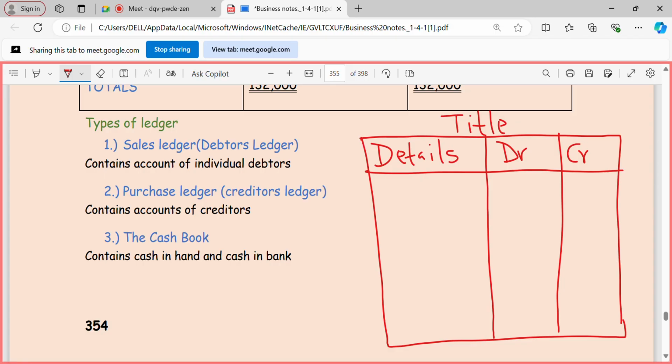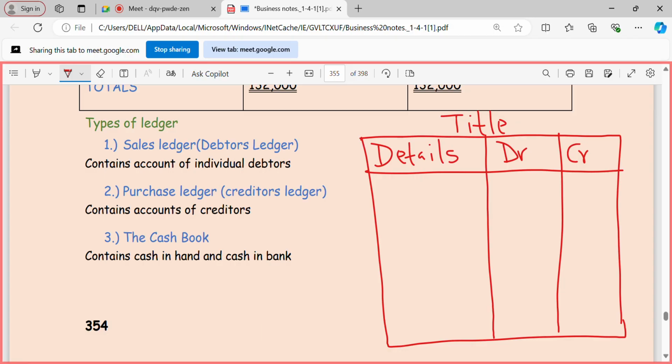This is its format. Here you have the details. This is the format of trial balance. The first one is the debit side. The second one is the credit side. Then on the top here, you write the title. So its title will be very easy. Trial balance for Wanja traders as at 31st May 2024.